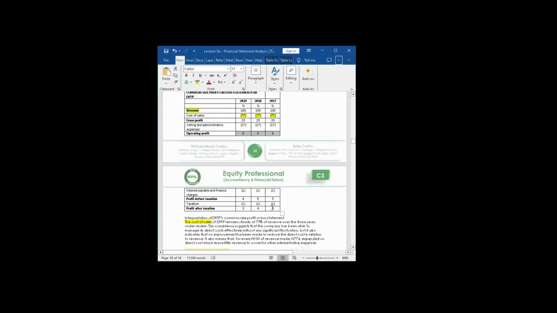And at the end of the day, for every 100 naira, for 2017 and 2018, profit after tax is only 4 naira. The company makes only 4 naira from every 100 naira sale made, and it declined slightly in 2019.